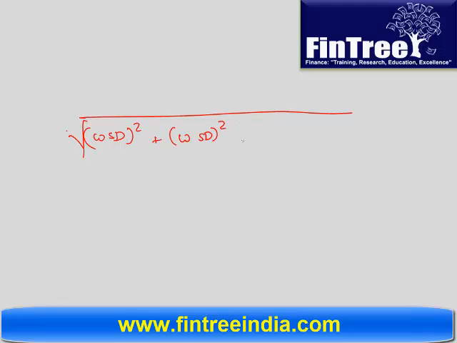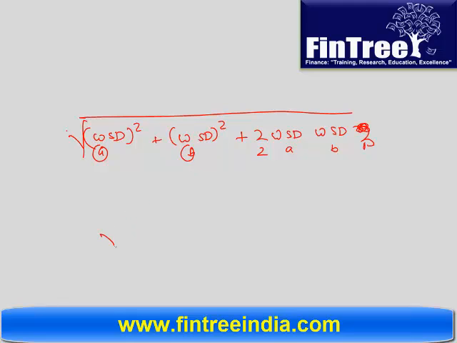See, what was the formula for portfolio standard deviation? Weight 1 standard deviation 1 square plus weight 2 standard deviation 2 square plus 2 into weight 1 standard deviation 1, weight 2 standard deviation 2 into correlation coefficient. Now this is 1, which means it is simply A plus B, and this is 2AB.